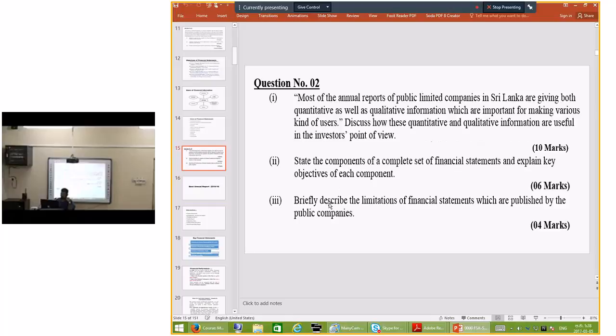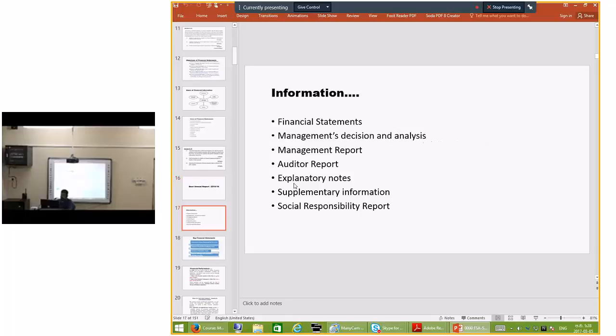Then next one, briefly describe the limitations of financial statements which are published by financial companies. Here again, these are the items under the annual report: financial statements, management decisions and analysis, management reports, audit report, independent audit report, audit committee report, explanatory notes, supplementary information, social responsibility reporting, corporate responsibility reporting, or corporate governance.